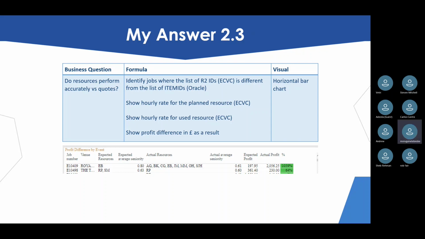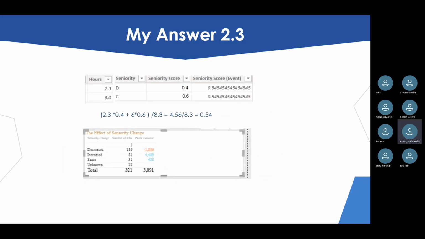The challenge here is that the resource bands are text values, like A to E. So the solution I came up with is a multi-step process. This is a single event in the top table.